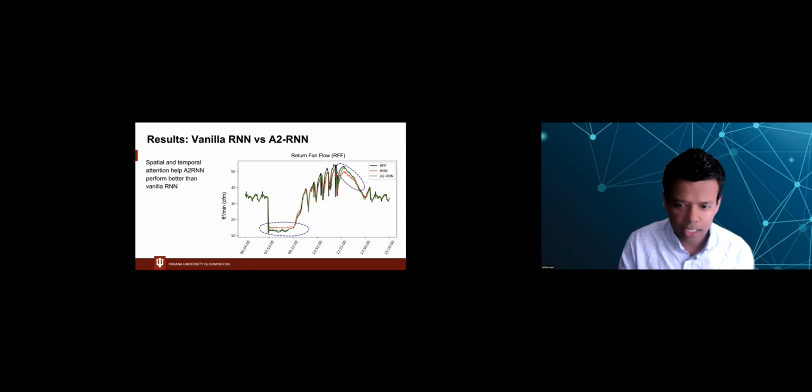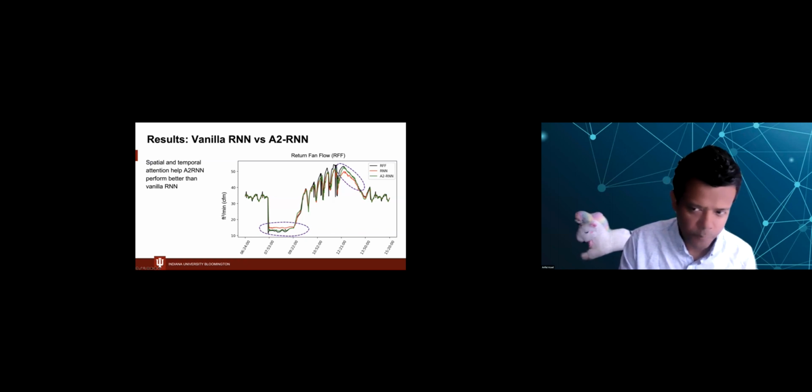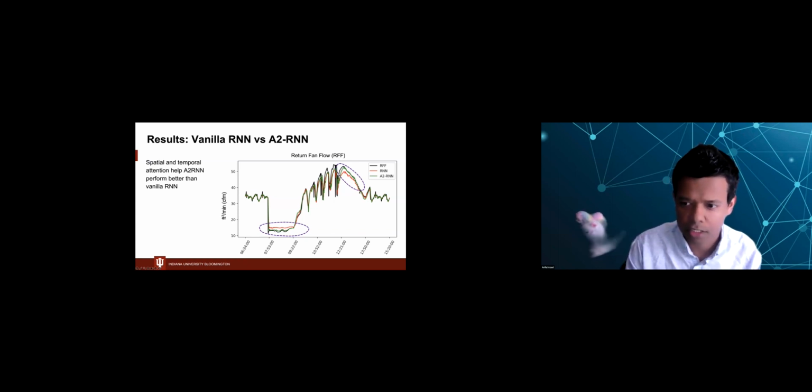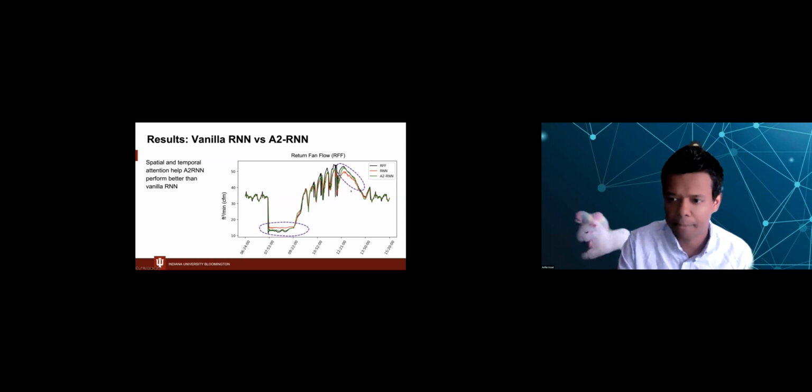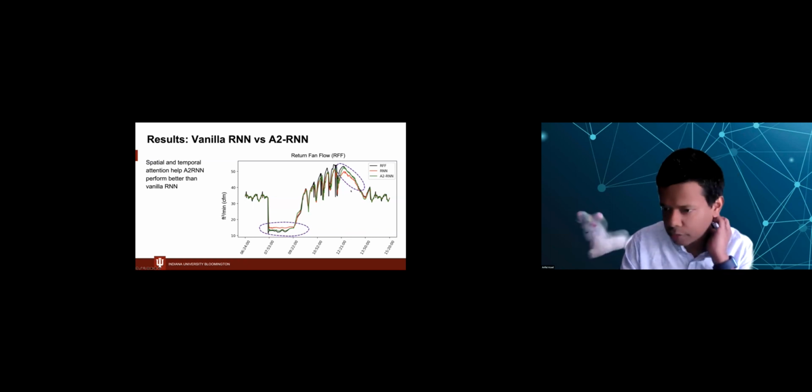We can see that in the difficult cases, for example, here where we have a sudden drop of value, the attention-based model performs much better because it is closer to the ground truth values. Similarly, in this part, we also see that the attention-based model performs better than vanilla RNN or other recurrent neural models.